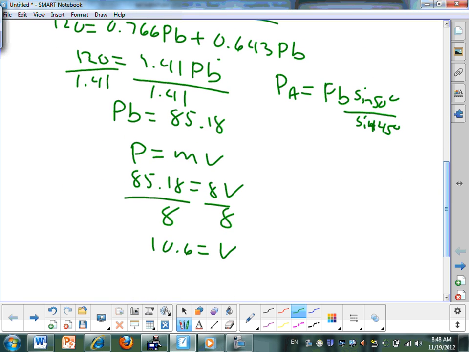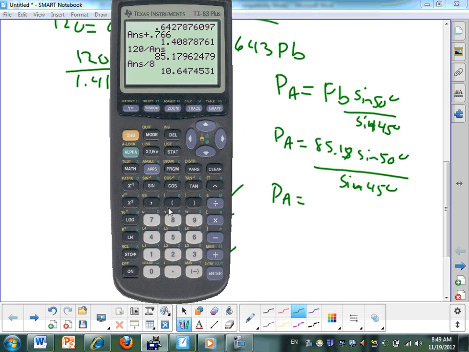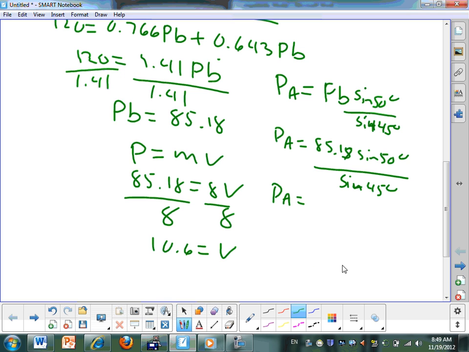Now, I just found out my PB was 85.18. So PA should be 85.18 times sine 50 divided by sine 45, which equals 92.3.